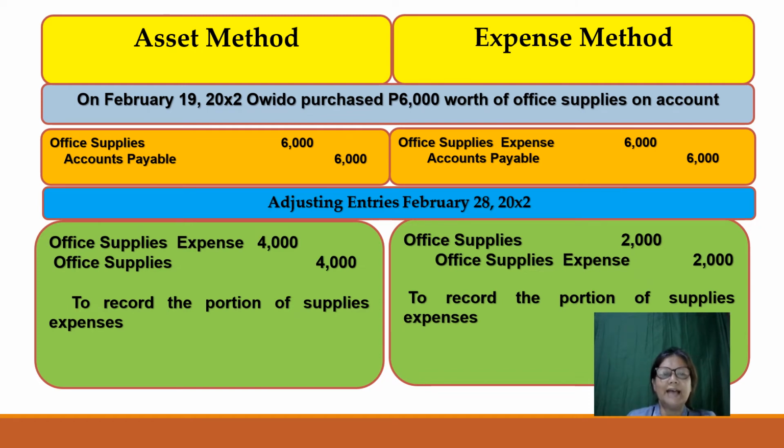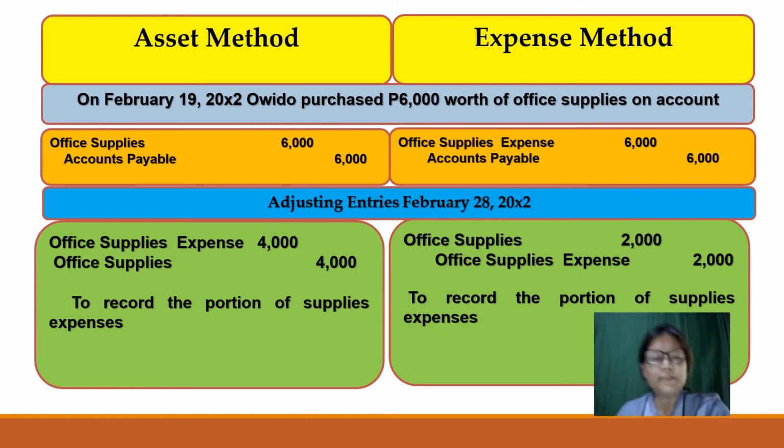But under the asset method, I use the office supplies for the amount of 6,000 pesos. While in the expense method, I use office supplies expense. Please take note of the difference. Office supplies and office supplies expense.